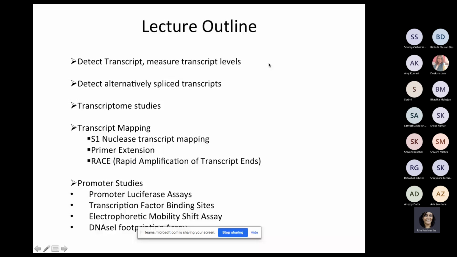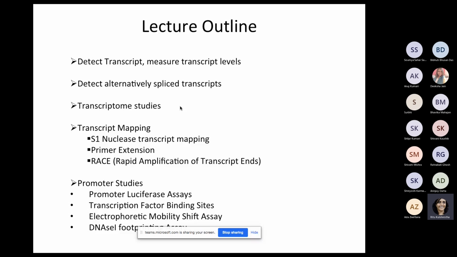If you want to know that for a particular transcript, if there are alternatively spliced forms also, then can you detect those? Then if you are focusing on multiple transcripts in the whole cell, I mean, you are not concerned about only one transcript, but you want to measure the changes in the RNA level at the whole transcriptome level, then which technique you may use.